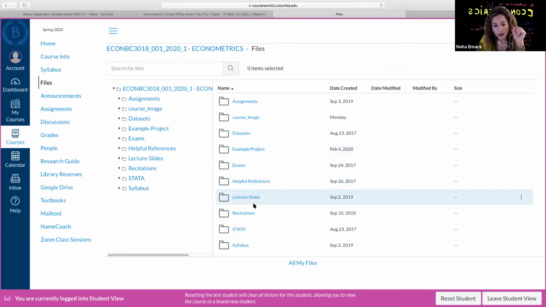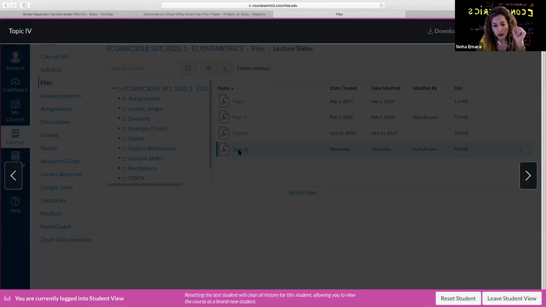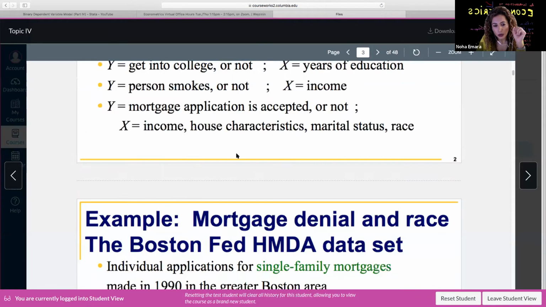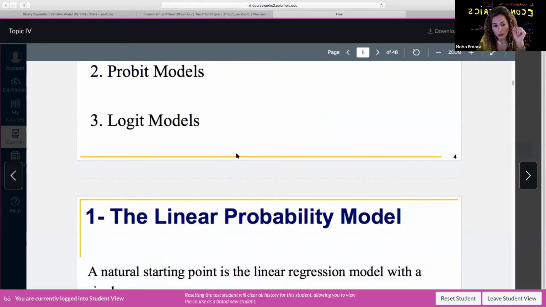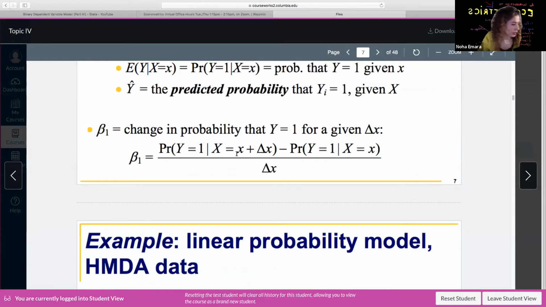Yeah, exactly. I just want to show you here that we have the lecture slides of this topic. You have an additional example that I want you to go over. The slides are very important. I don't think we will have time today. What time is it now? We have about 7 minutes.